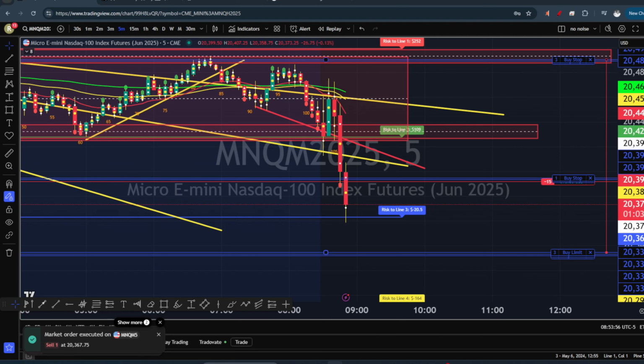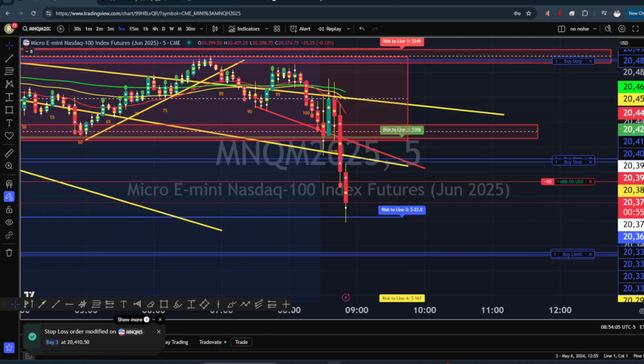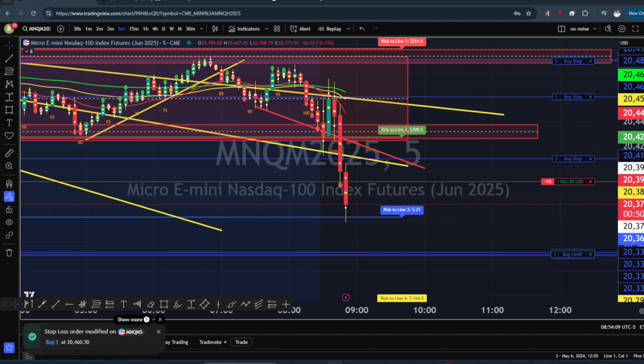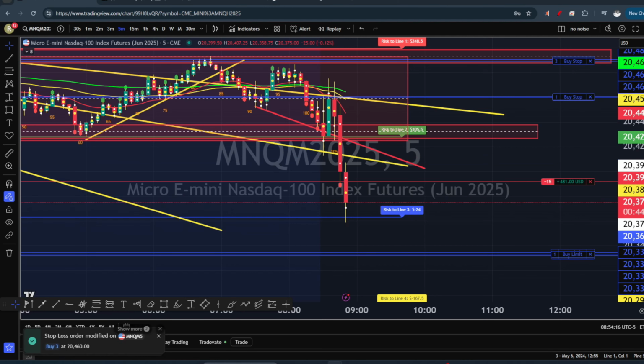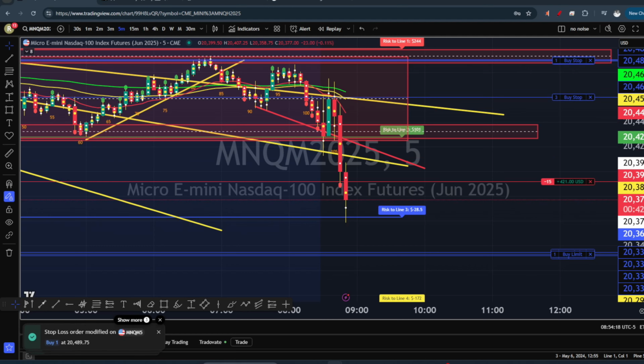I was wondering why it was putting orders above my thing here. Expecting this momentum to continue down through this candle.